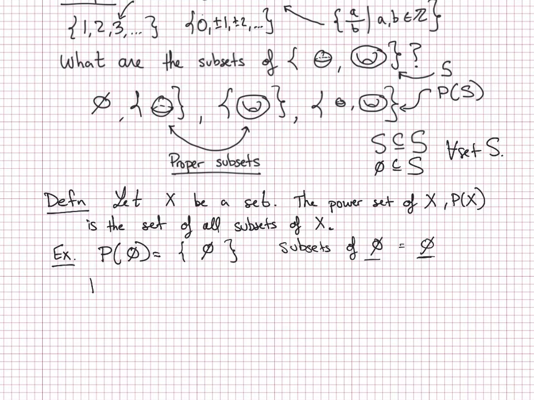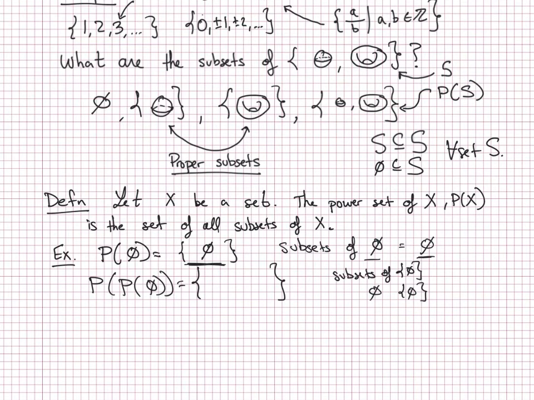All right, here's a fun one to now do. If I look at the power set of the set containing the empty set, what is this? Well, it's going to be a set. The elements of it are the subsets of this one. So what are the subsets of the set containing the empty set? Well, it's the whole set, the set itself. And then we have to remember that the empty set is always a subset, right?